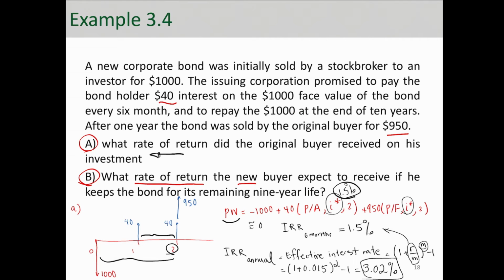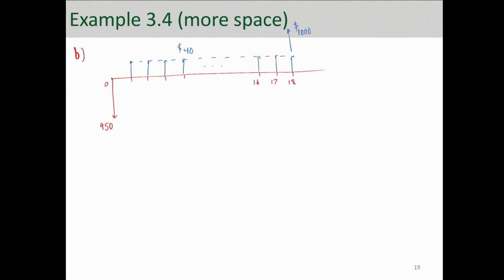So let's draw all of that on the cash flow. So here is the cash flow for the second buyer, $950. He bought it. He received $40 each period. After 18 periods, he sold it for $1,000.